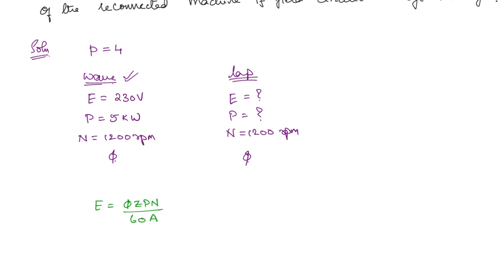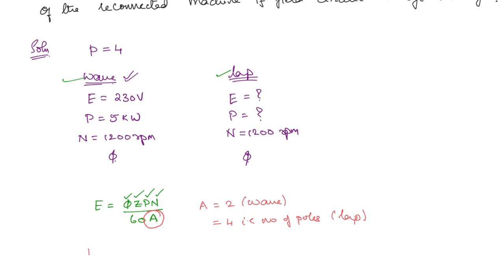What factors remain the same in both the wave case and the lap case? The flux remains constant, the number of conductors is not changing, the number of poles is not changing, and the speed is not changing. What is the only parameter that is changing? This A here. A is equal to 2 for the wave winding and it is equal to 4, that is the number of poles, for lap winding.